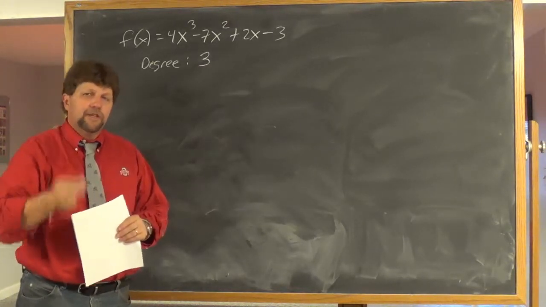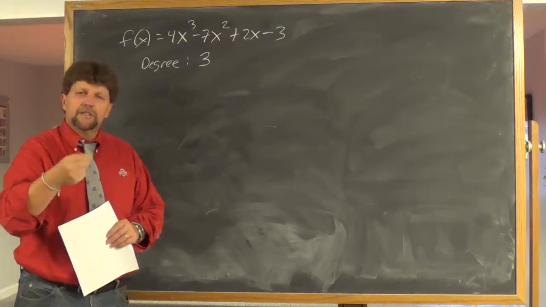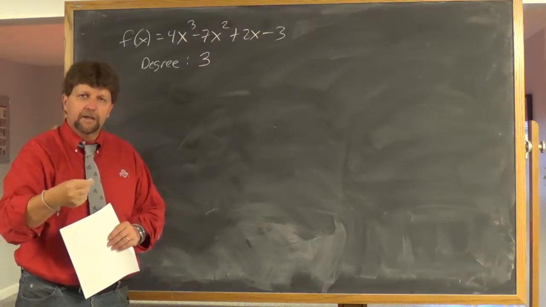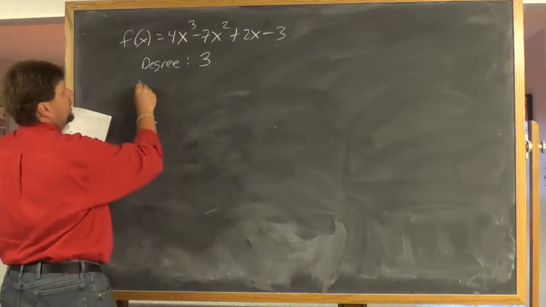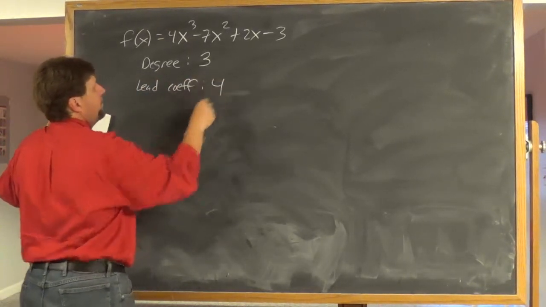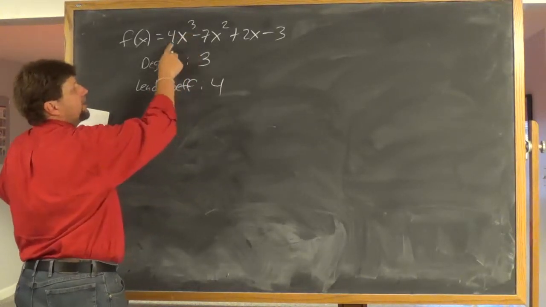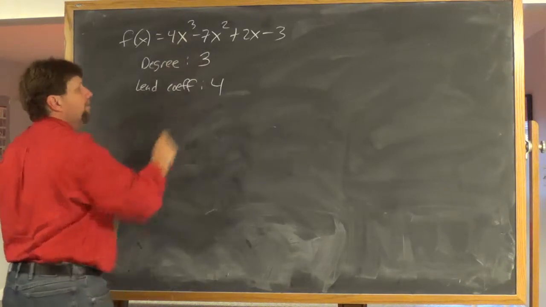Leading coefficient is the coefficient with the term that is determining the degree. So here, the leading coefficient would be 4. This term was giving me the degree of 3, so the coefficient with that term is a 4.